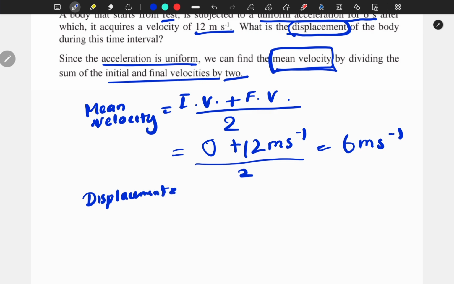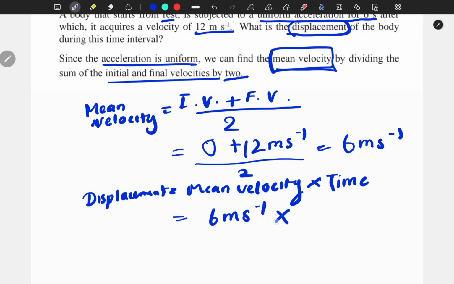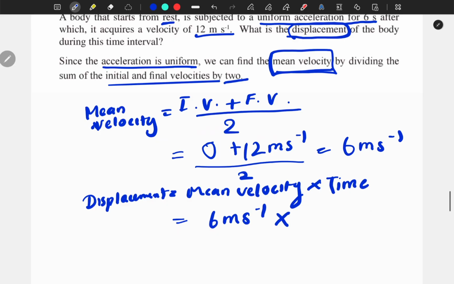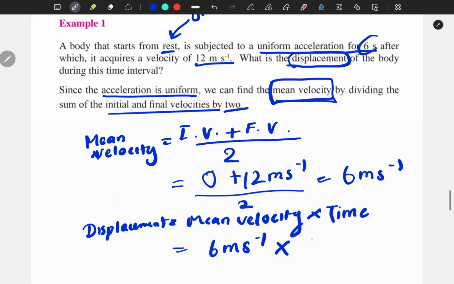Displacement equals what? Mean velocity. Never mind my letters because my letters are not fine, right? Mean velocity is 6 meters per second and the time is 6 seconds, right? Here 6 seconds.